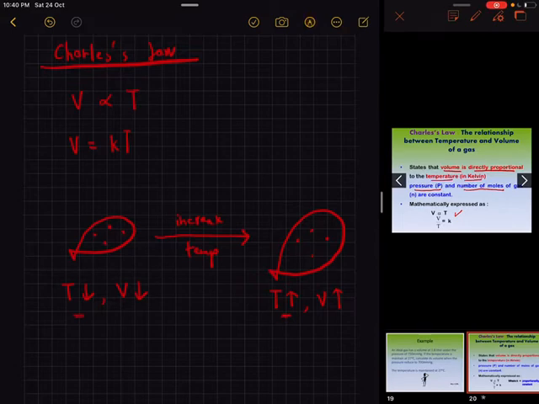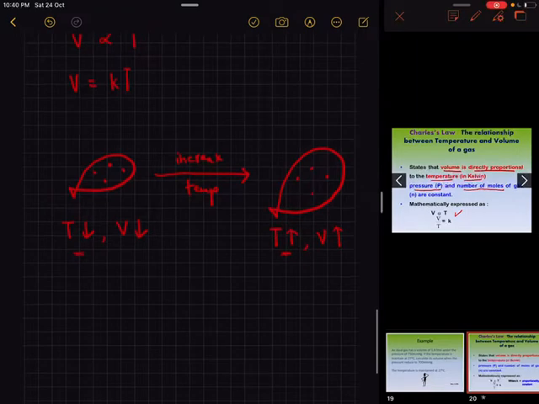Alright, so when you increase the temperature of the balloon, dalam balloon itu ada gas particle. So by increasing the temperature, apa yang akan jadi adalah kinetic energy of the gas particle will increase. Okay, so bila kinetic energy of the gas particle increases dalam balloon tersebut, apa yang akan jadi?